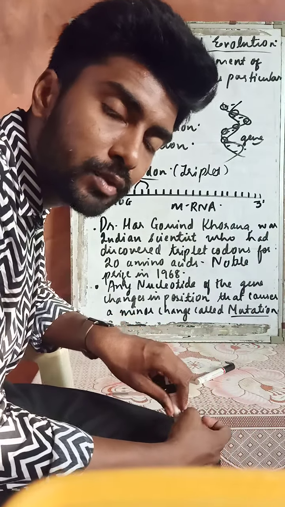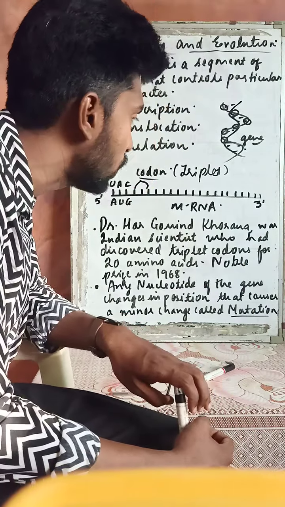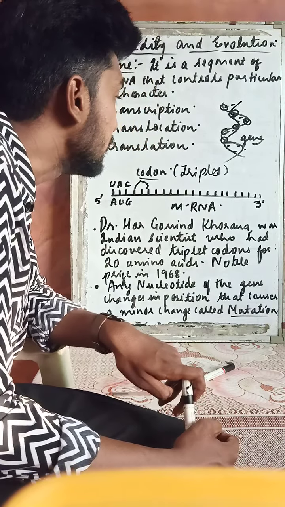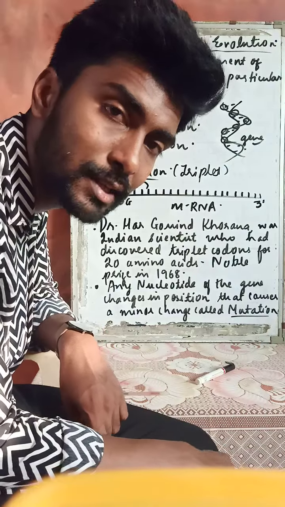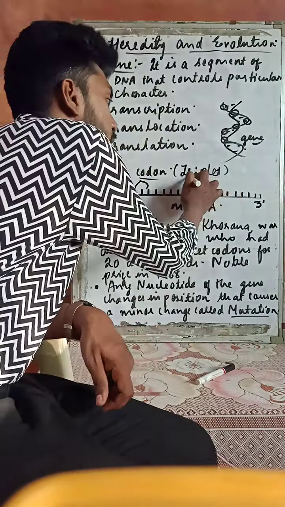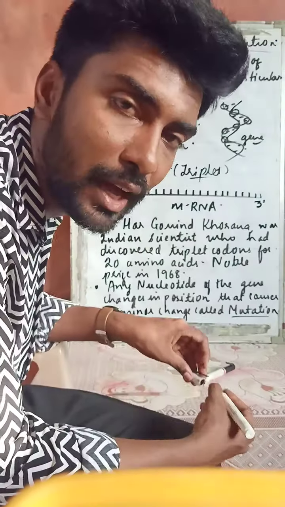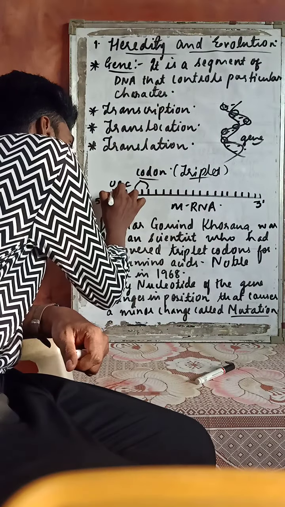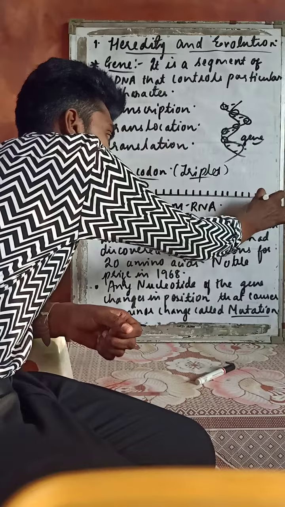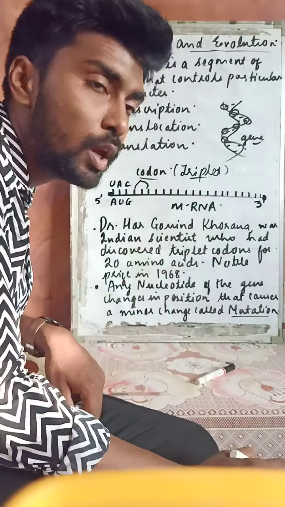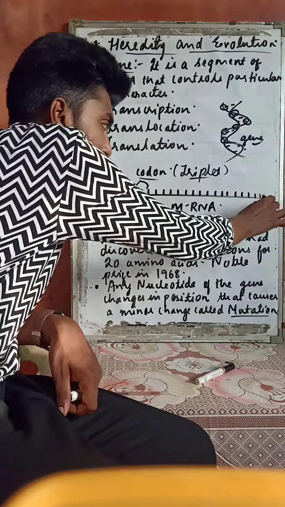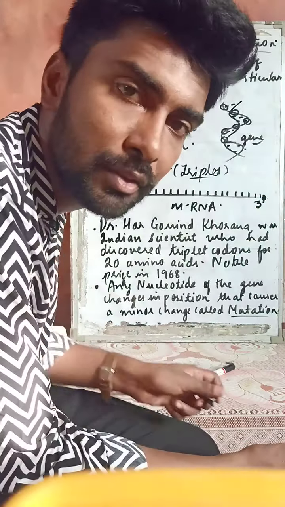A group of 3 nitrogen bases is called a codon or triplet, and that's why it is called a triplet codon. So messenger RNA has triplet codons, right? This is called the start codon, and this is called the stop codon. The start codon is present at the 5' end, and the stop codon is present at the 3' end.